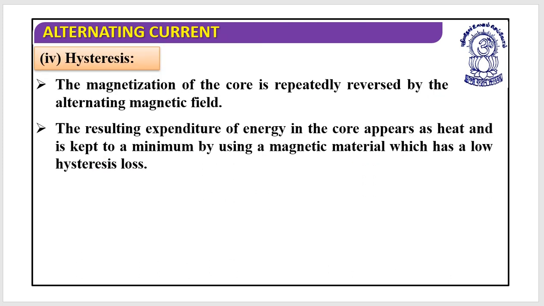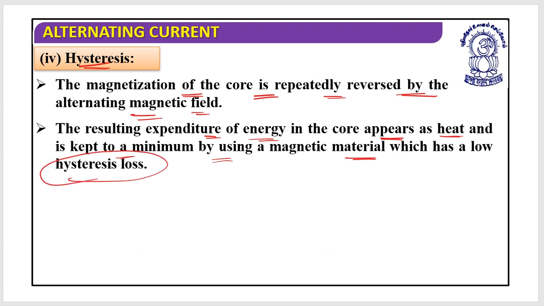And the last loss is the hysteresis loss. The magnetization of the core is repeatedly reversed by the alternating magnetic field, and when it is alternately reversed, the resulting expenditure of energy in the core appears as heat. It is kept to a minimum by using a magnetic material which has a low hysteresis loss.